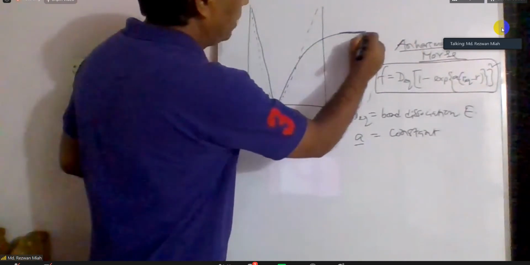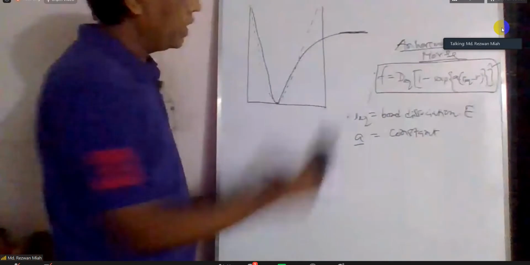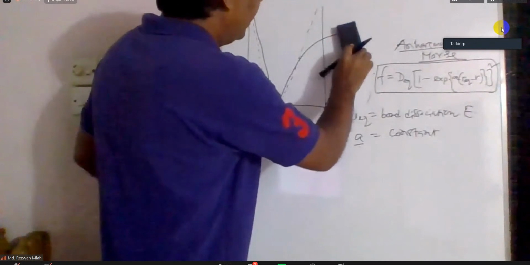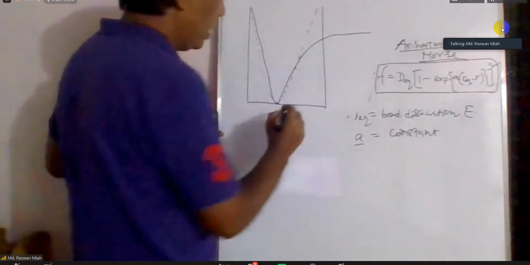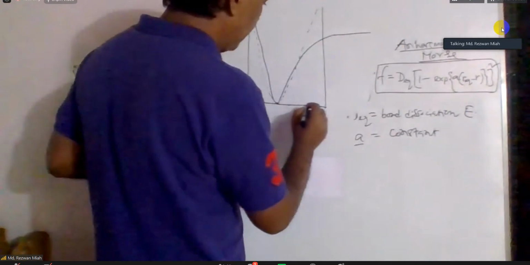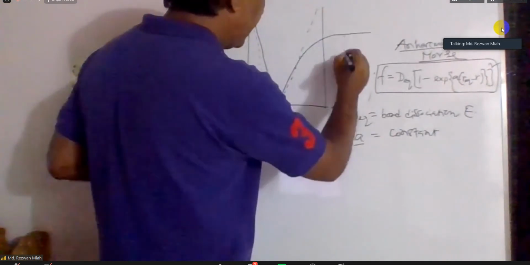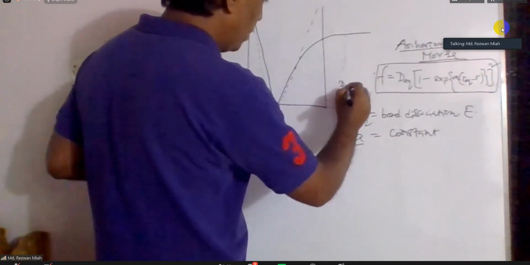That means this zone represents the bond breaking zone. So the energy does not increase. It's bond breaking.